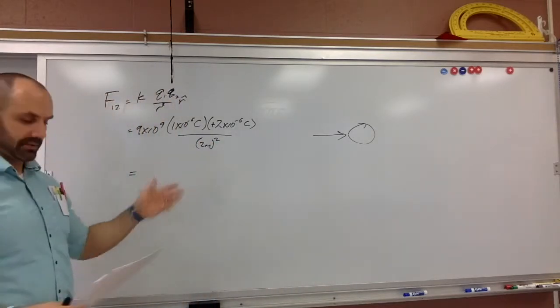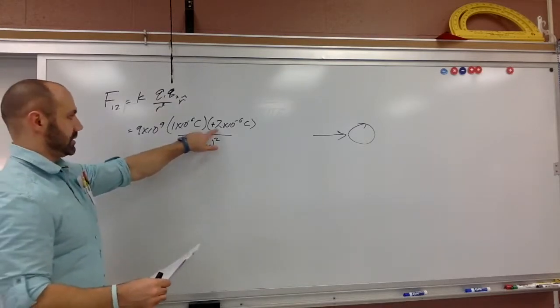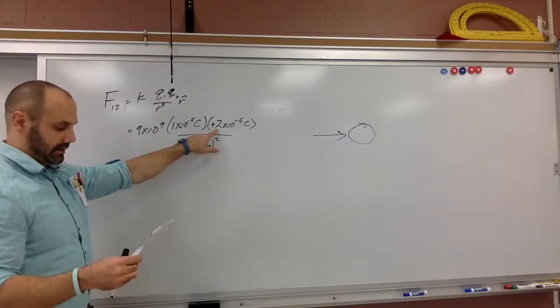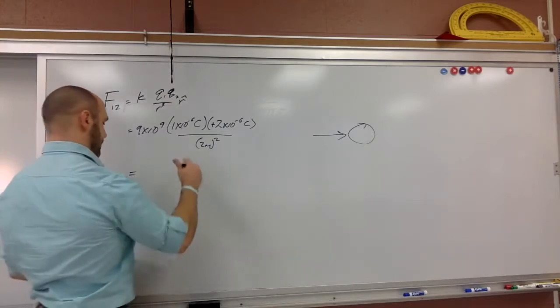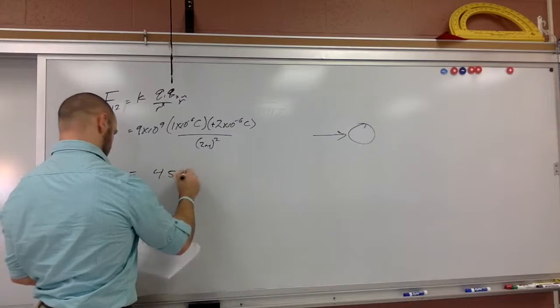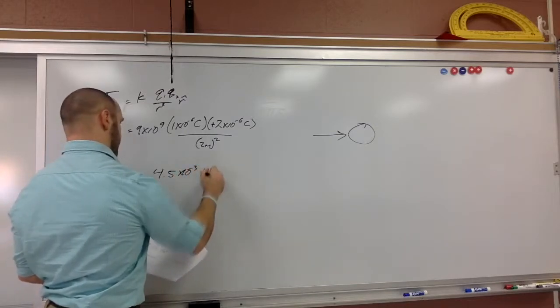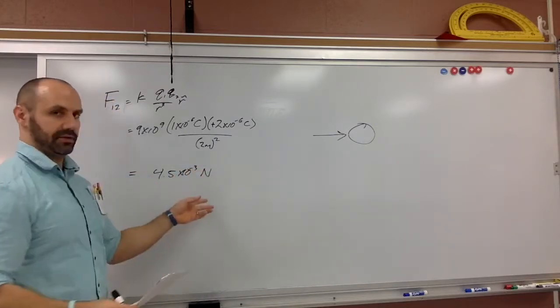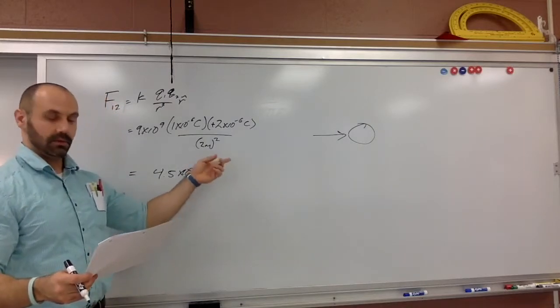All right, so here's example 2. This is 2 microcoulombs, and they're now 2 meters apart, which is there. So now we get 4.5 times 10 to the negative third newtons, and that's in the positive direction from charge 2.